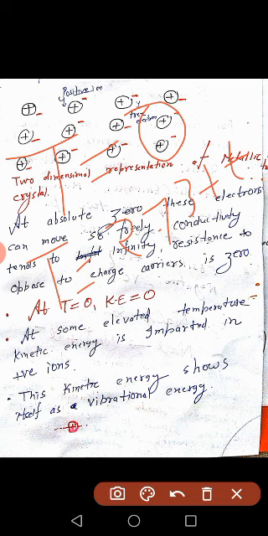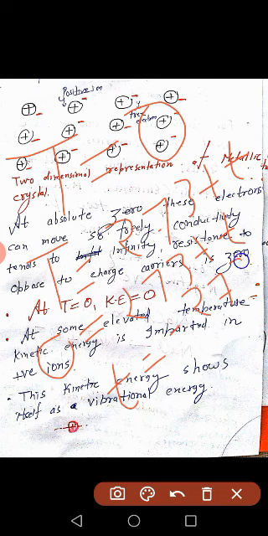So when we are talking about T equal to 0, then 273 plus t, this t will be minus 273 degrees Celsius.